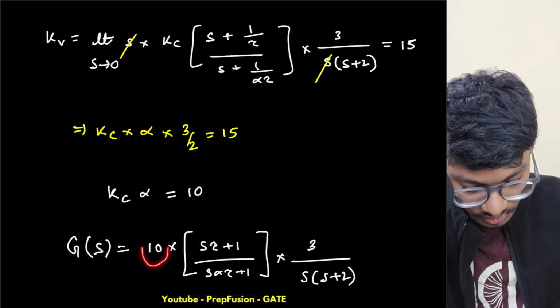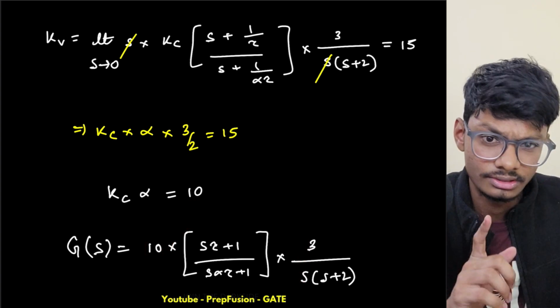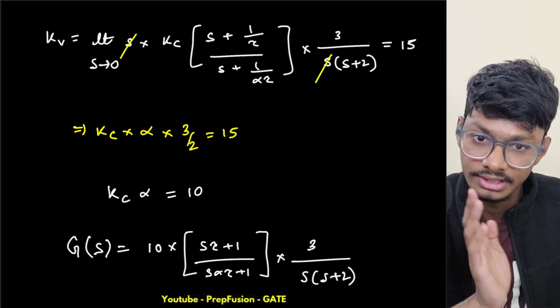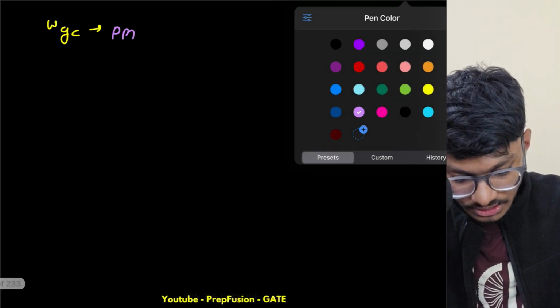But if I just evaluate this, then what will happen? This is a lead compensator. So what does a lead compensator do?